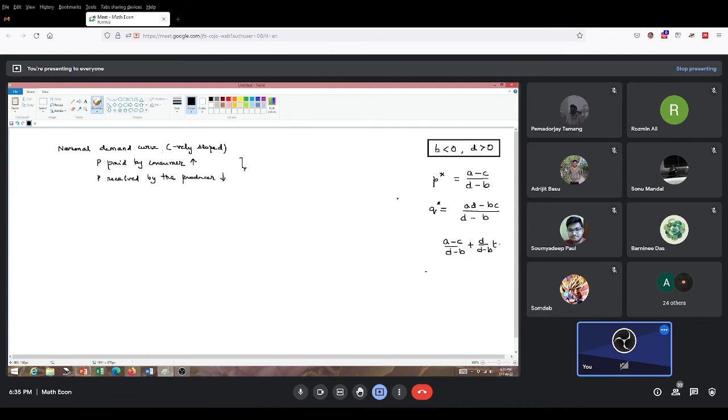So this implies that the burden of the tax is distributed between consumer and producer. To what extent? It depends on the relative elasticity.